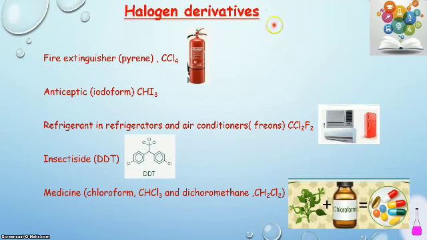Students, before we move further, let me discuss one thing. Halogen derivatives is the basic unit of organic chemistry. It is very important to remember a few things while studying organic chemistry. First thing, focus on understanding, not simply memorizing the things.